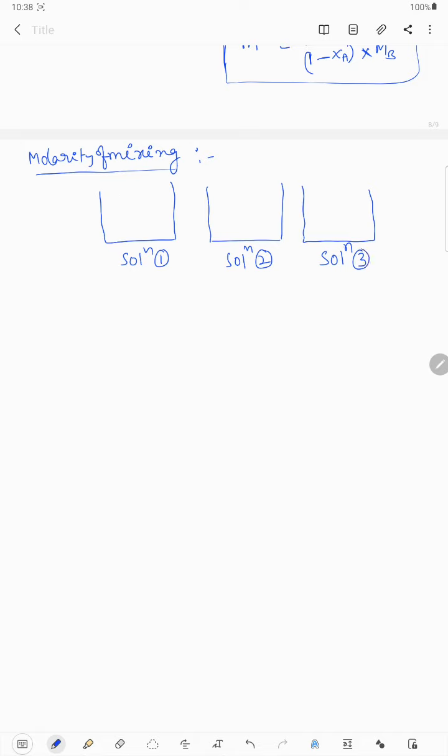Solution 1 has molarity M1 and volume V1, solution 2 has molarity M2 and volume V2, and solution 3 has M3 and V3. But the condition here is that in all those containers, the solute and solvent are the same.